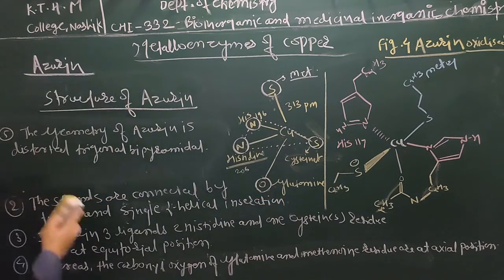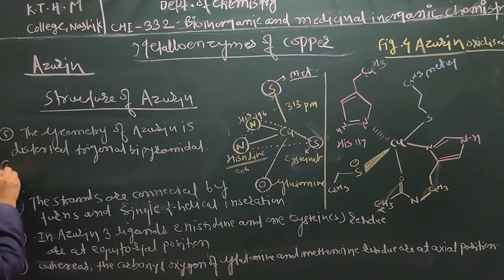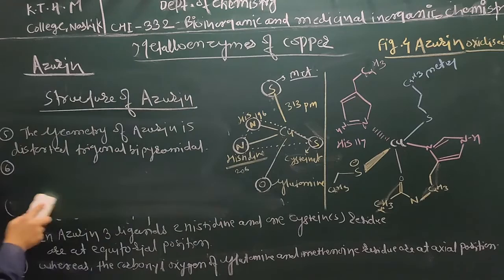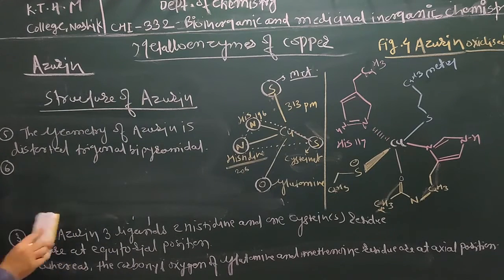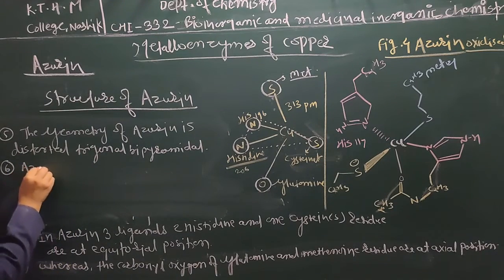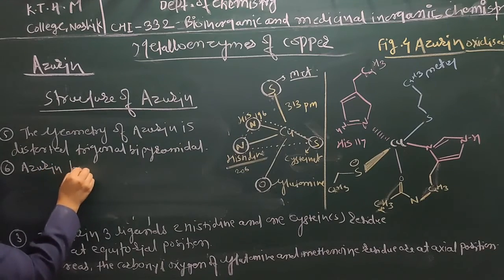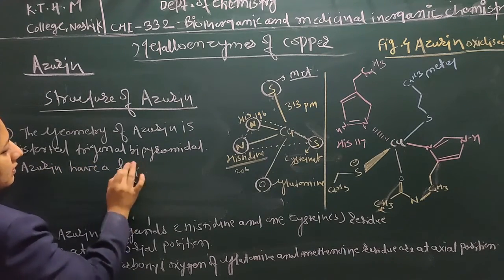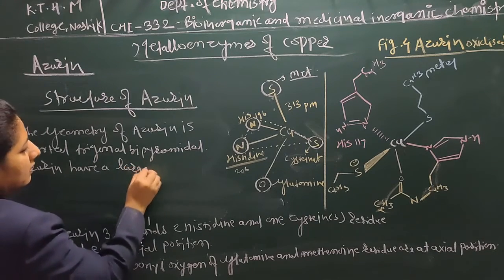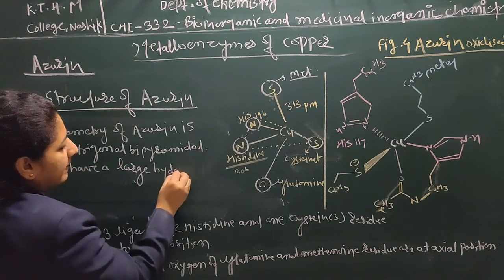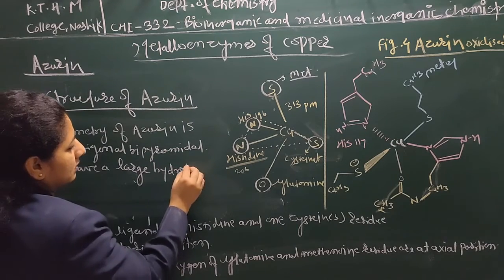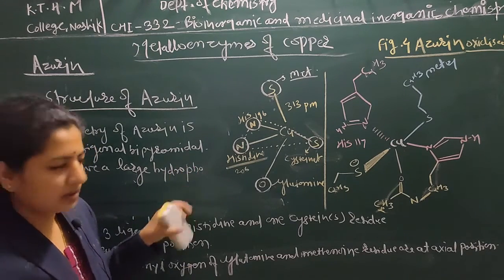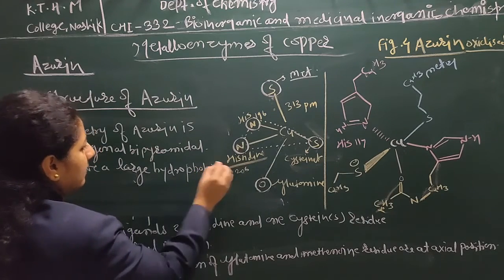So in structure we can also say that azurin has a large hydrophobic patch. Hydrophobic means repellent of water.